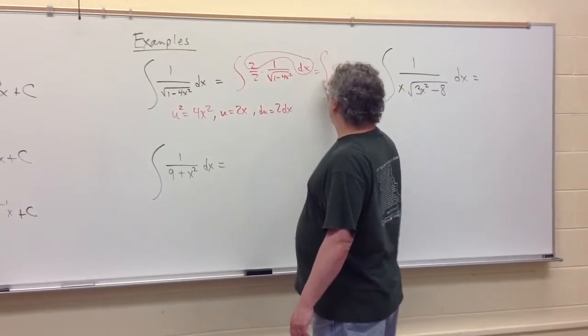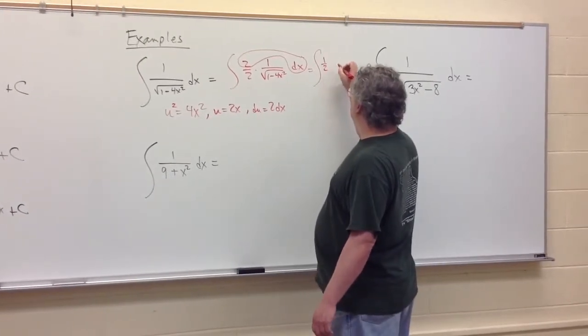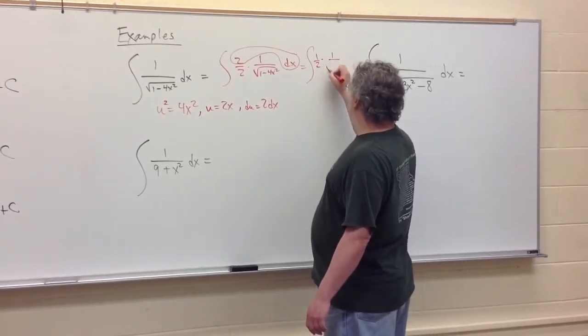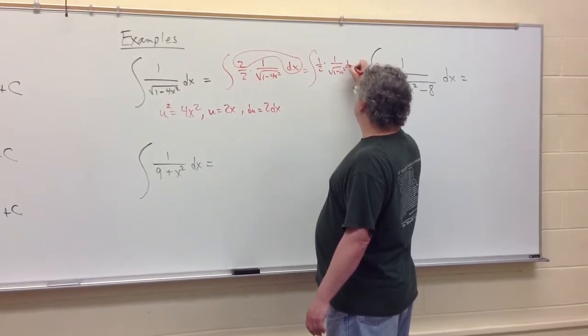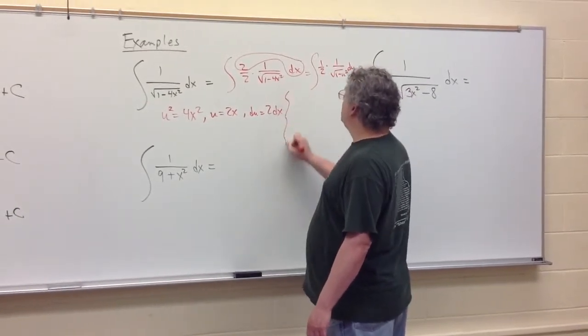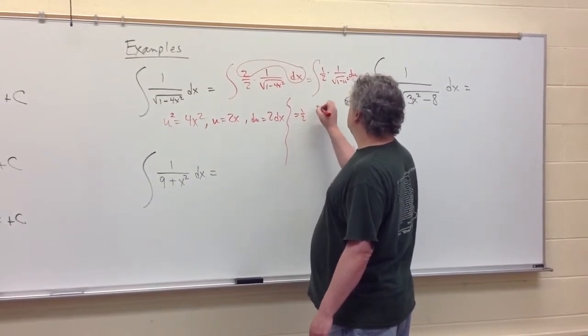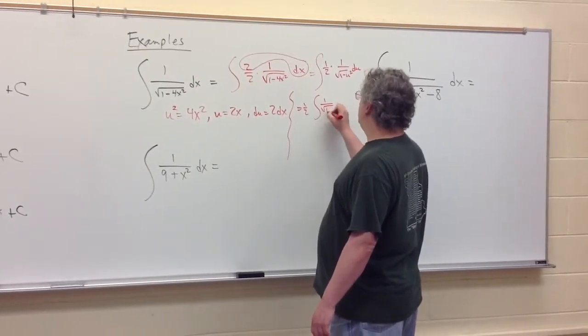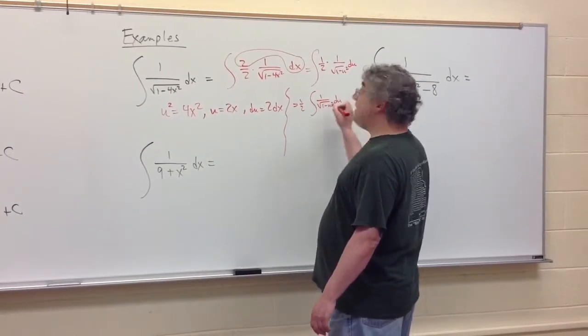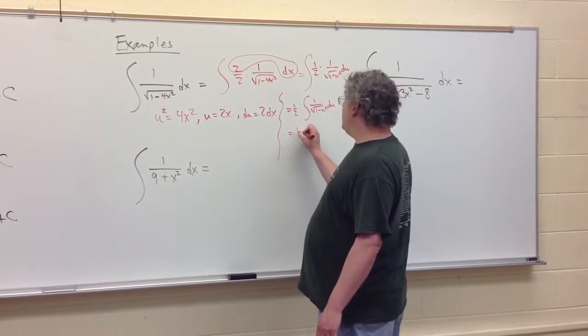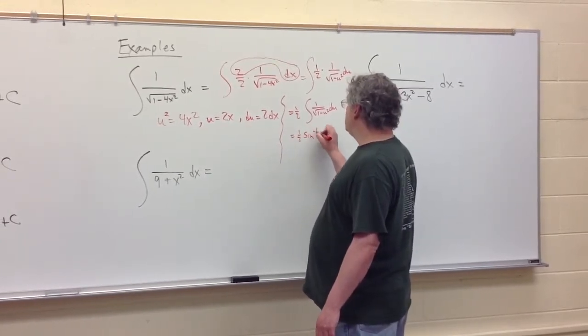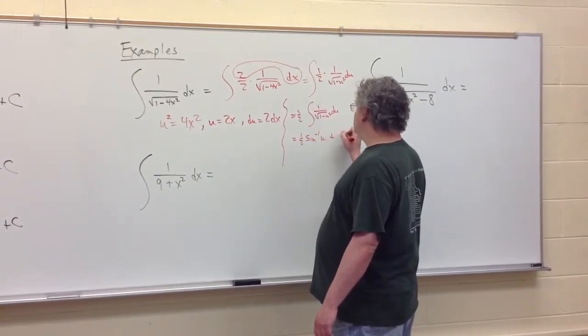So this is the integral of 1/2 times 1 over square root of 1 minus u squared du. Pull the 1/2 out. We have 1 over square root of 1 minus u squared du. That's the inverse sine. So this is 1/2 the inverse sine u plus c.